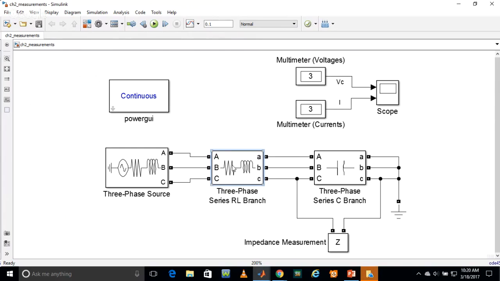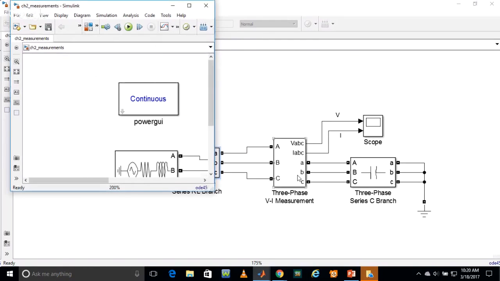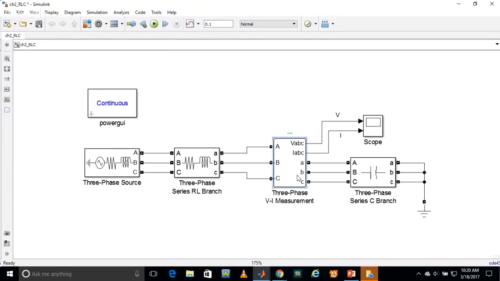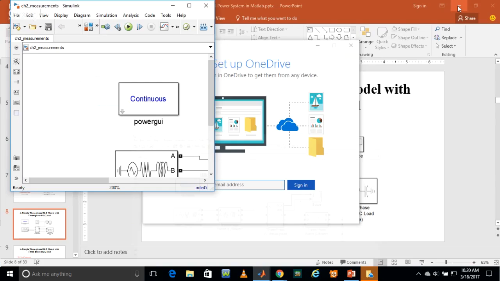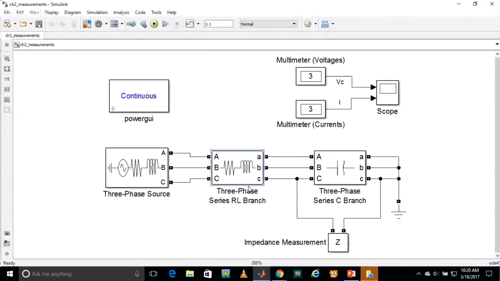If you don't want to connect the three-phase VI measurement device to calculate the voltage, current, or impedance value, you can connect a three-phase series RLC branch to a three-phase series C branch along with an impedance measurement device.